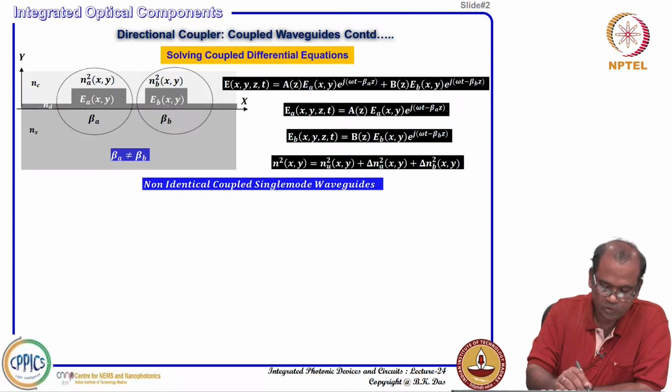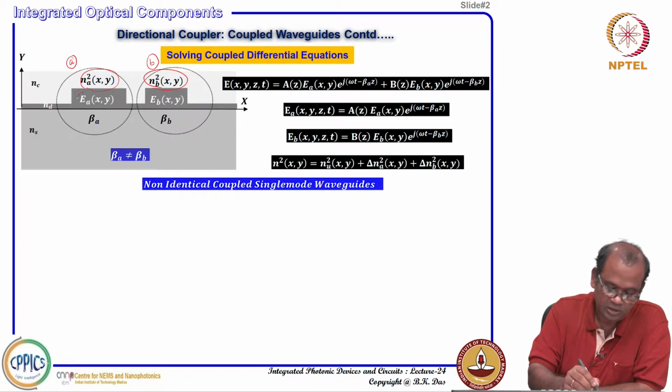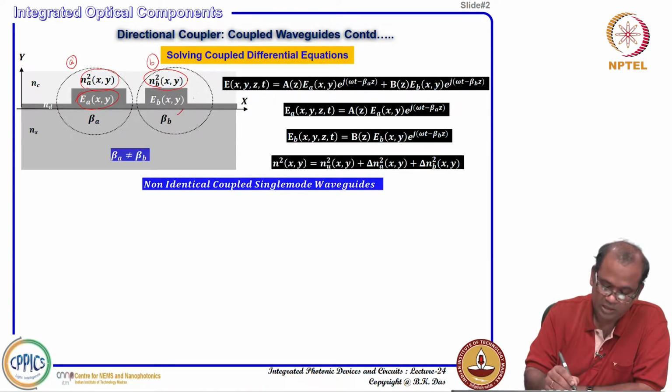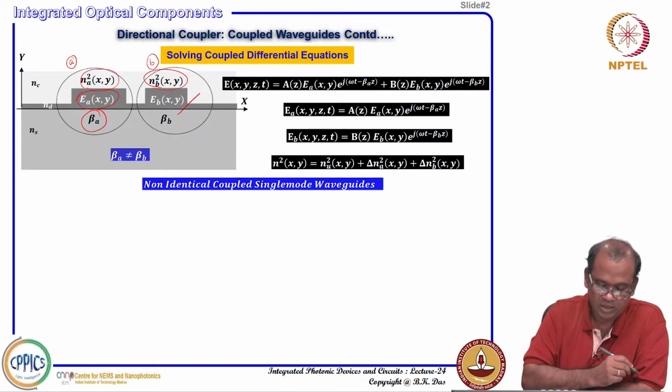We consider two parallel waveguides, waveguide A and waveguide B, in a representative silicon on insulator structure. n_A squared (x,y) is the refractive index distribution defining waveguide A, and n_B squared (x,y) corresponds to waveguide B. Individually, if you solve for the mode, the dominant electric field distribution is E_A(x,y) for waveguide A and E_B(x,y) for waveguide B. The eigenvalue propagation constant for waveguide A is beta A and for waveguide B is beta B.